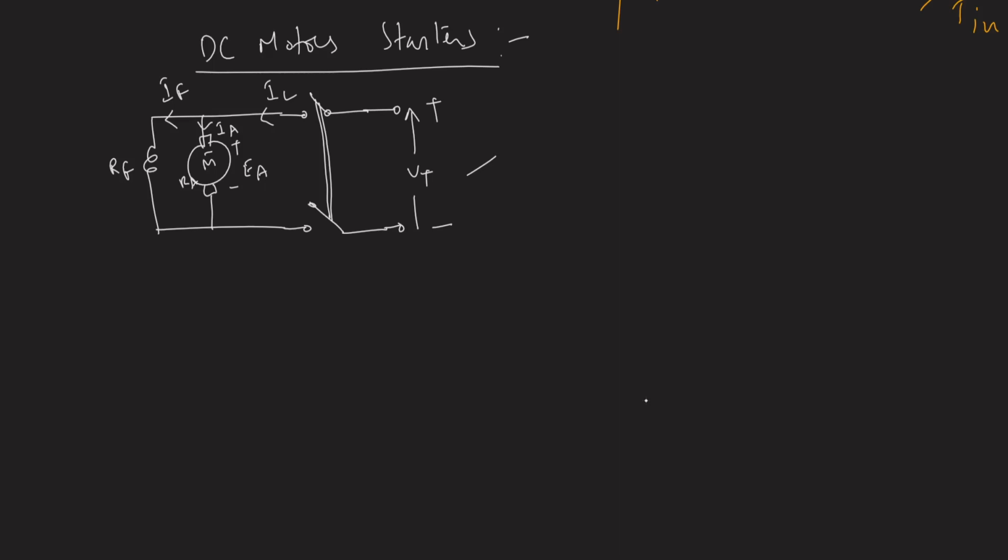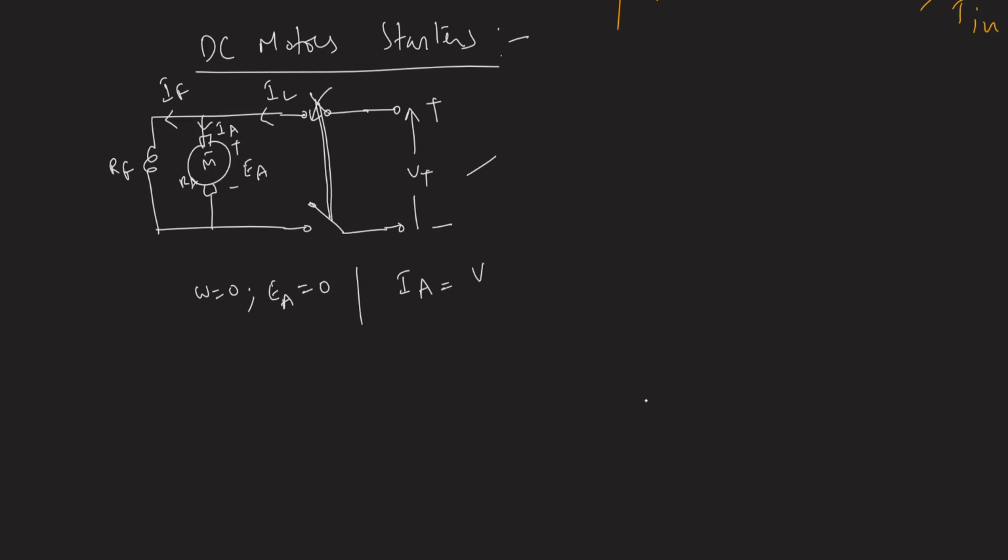I cannot directly throw this switch, I cannot connect this motor to the supply directly, right? As I think I have also discussed, when the machine is at rest, at standstill, omega is 0, and when omega is 0, the induced EMF in the machine is also 0. So at this moment, if I directly connect the machine to the supply, what happens to the armature current?